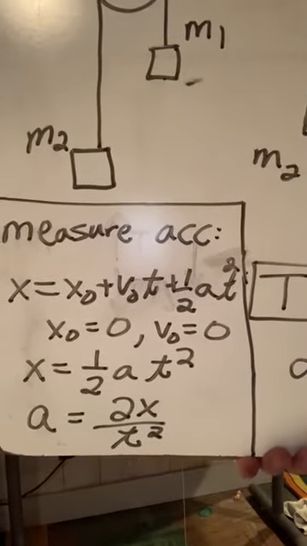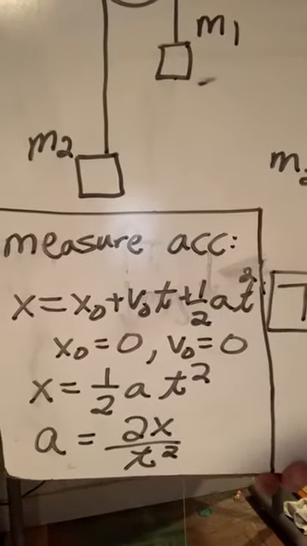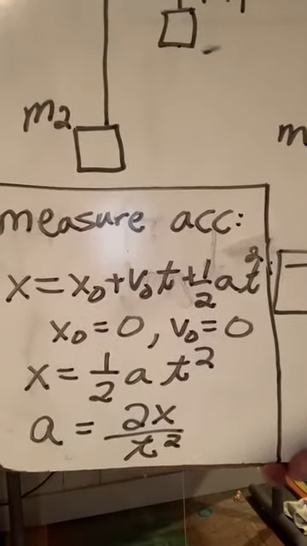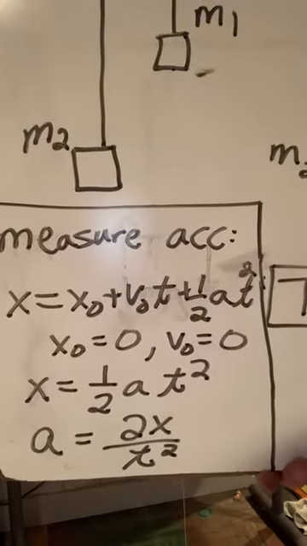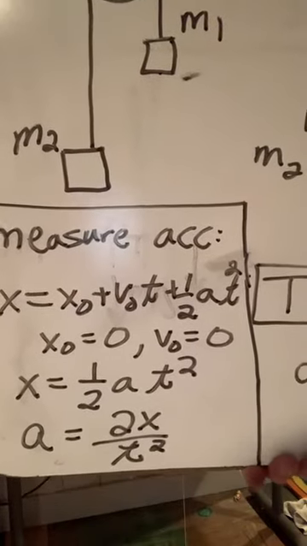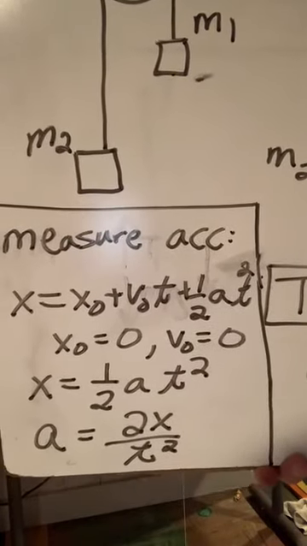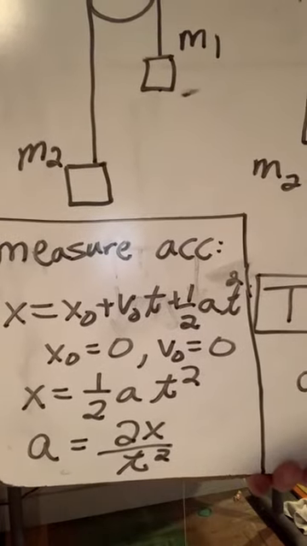Again, if we say that its initial position is 0, its initial velocity is 0 because I'm releasing it from rest, then the distance traveled is just 1/2 the acceleration times the time squared. So you can now calculate the acceleration as 2 times the distance traveled divided by the time squared. And that's what we're going to do today.